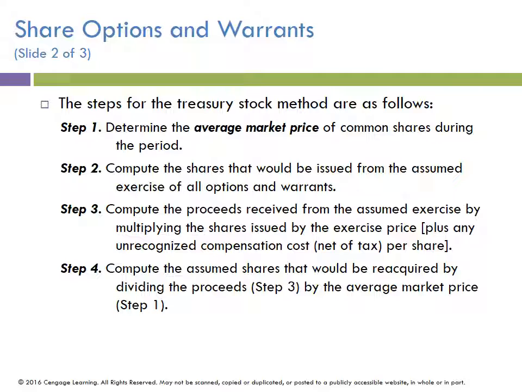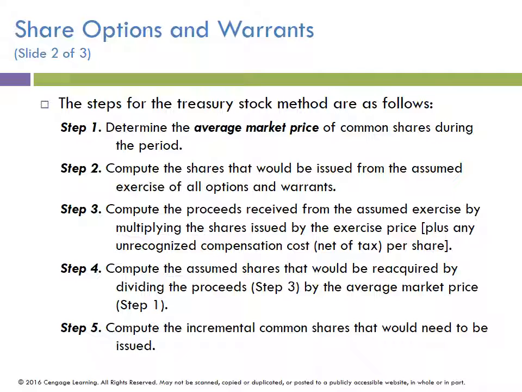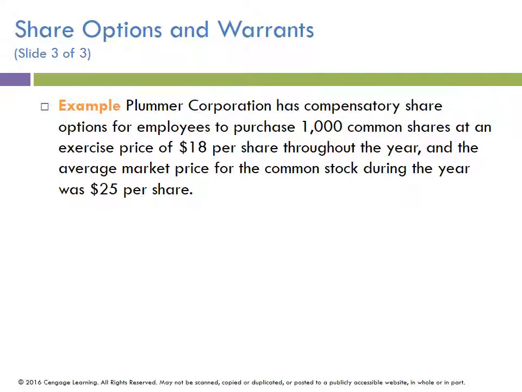Then compute the assumed shares that would be reacquired if we immediately took that cash and bought the shares back out of the stock market at their average market price. The difference between what we issued when the options or warrants are exercised and what we buy back as treasury stock is how much we increase our denominator. So it's very specific steps.